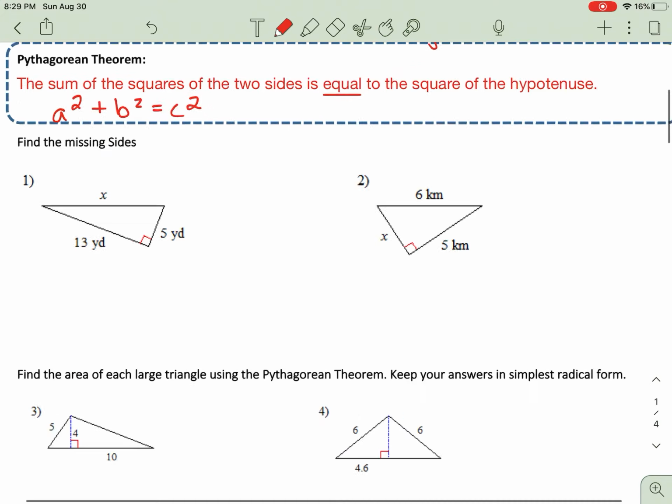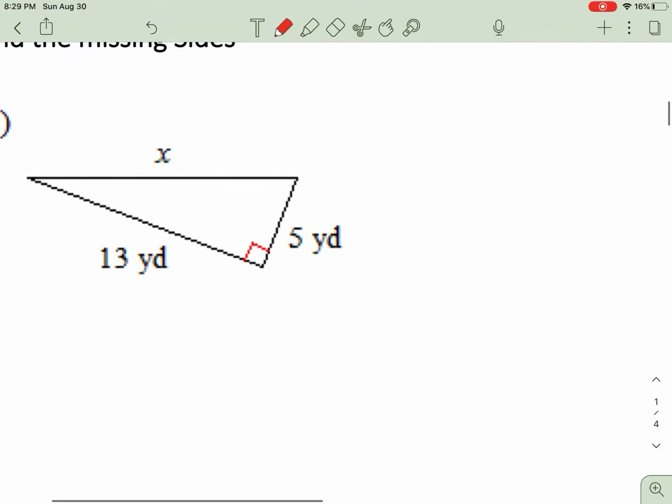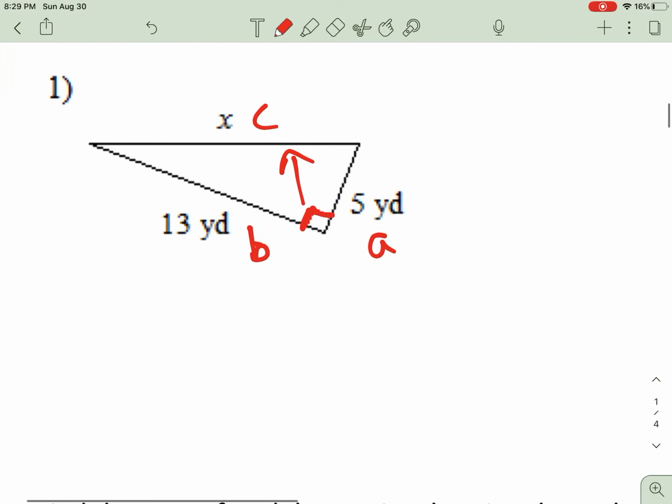Okay? So let's go through the example, find the missing side. Since this is supposedly a right triangle by this little mark here in the corner, that means this is our hypotenuse, because it's always opposite the right angle. So this is going to be B or A. It doesn't matter. A and B are interchangeable. And this is going to be our C. We're going to set it up.